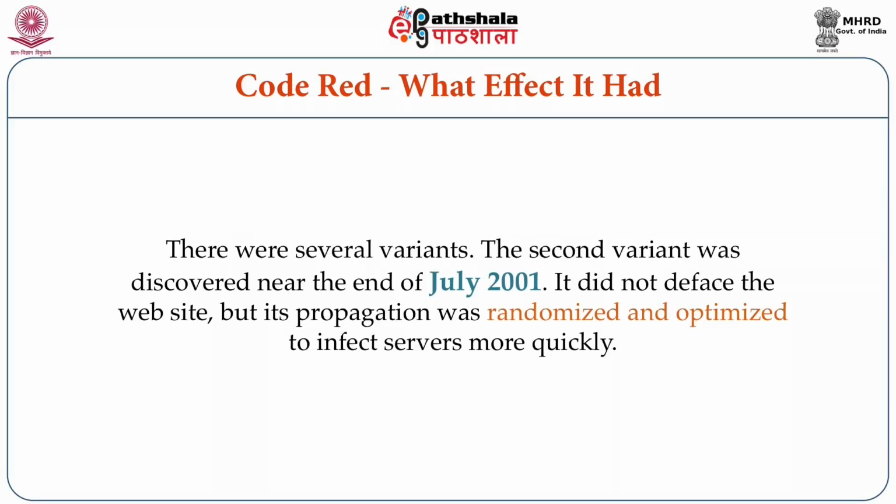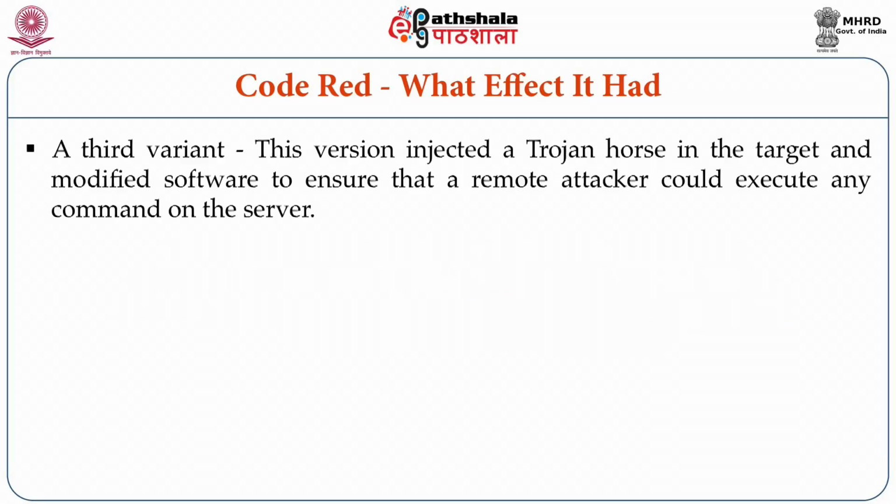Code Red had several variants. The second variant was found in July 2001. Its propagation was randomized and optimized to infect servers more quickly. The third variant injected a Trojan horse in the target and modified software to ensure that a remote attacker could execute any command on the server.